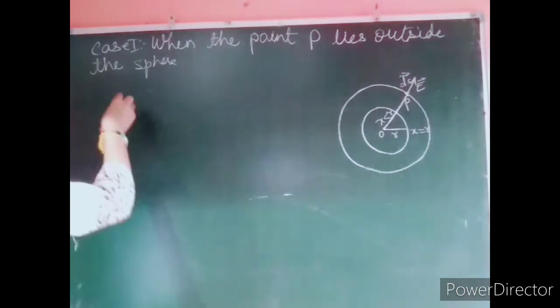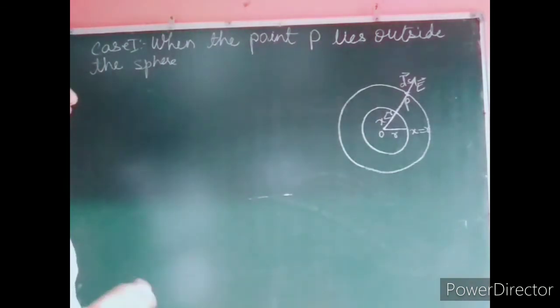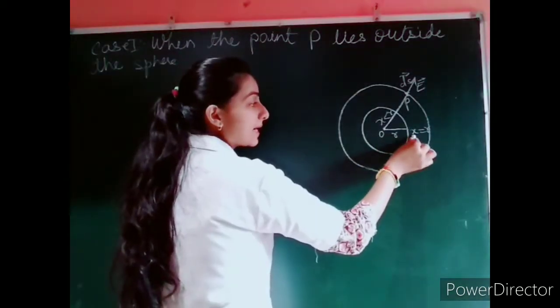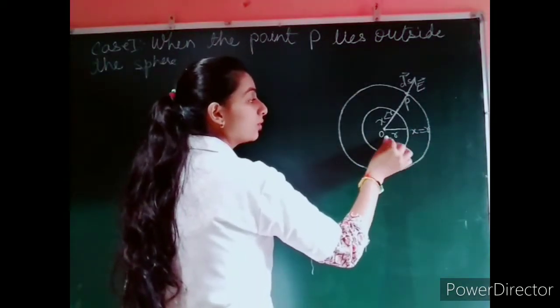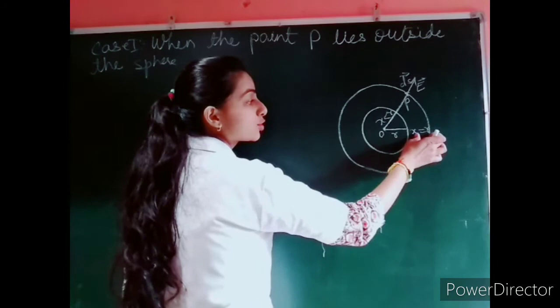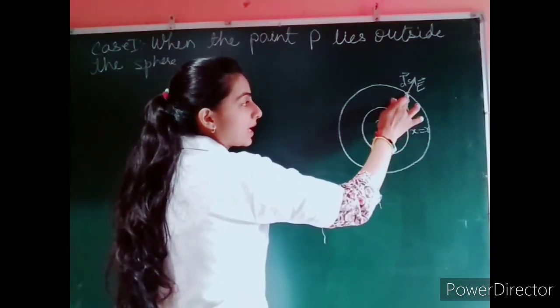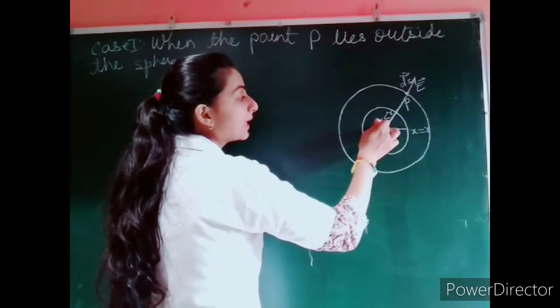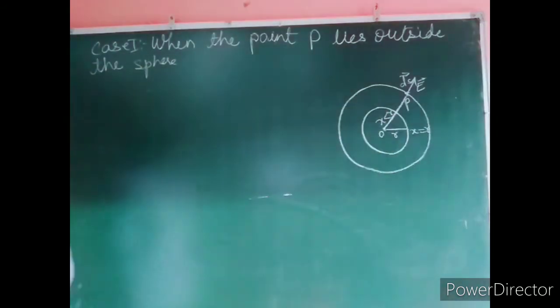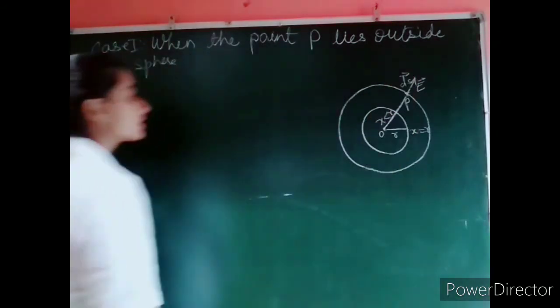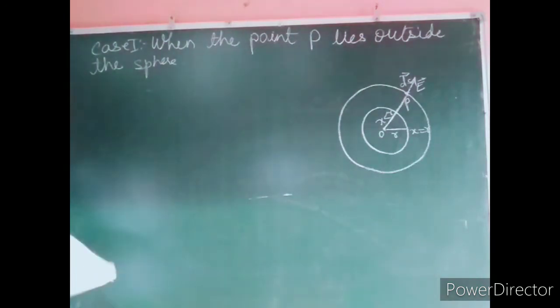Now our first case is when the point P lies outside the sphere. Here the distance is x, then the radius of this Gaussian sphere will be equal to x, and the radius r of the charged sphere will be less than x, because this is our small surface area, that is ds.